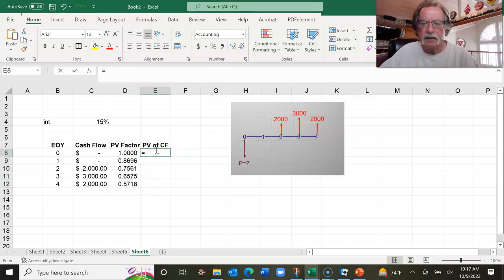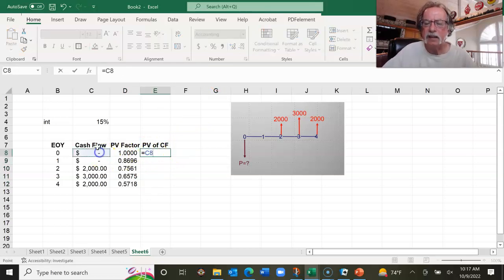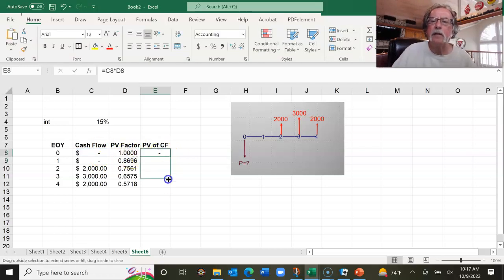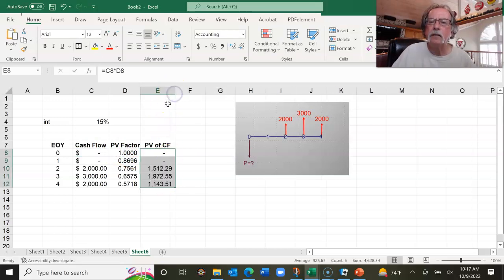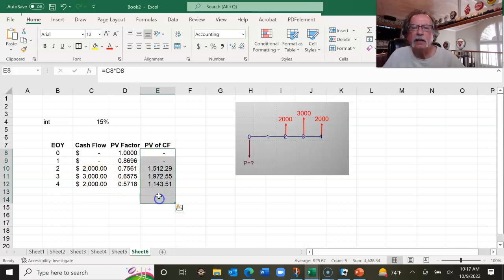The present value of the cash flow is simply the amount of the cash flow times the PV factor. And so 2,000 in 2 years is the same as 1,512 today, 3,000 in 3 years, 1,972 today.